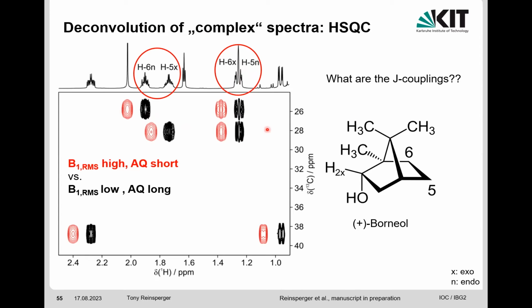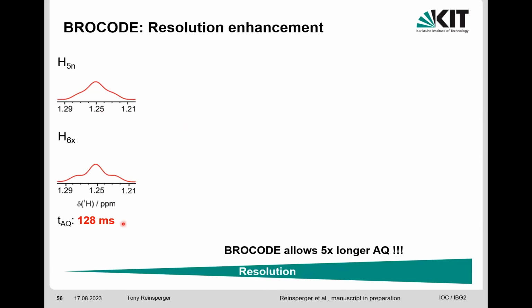We did this, but then you want to have the multiplet nicely resolved to be able to simulate it. And if you use then standard 128 milliseconds acquisition time to the Fourier transform, then this is how the multiplet looks in the HSQC.